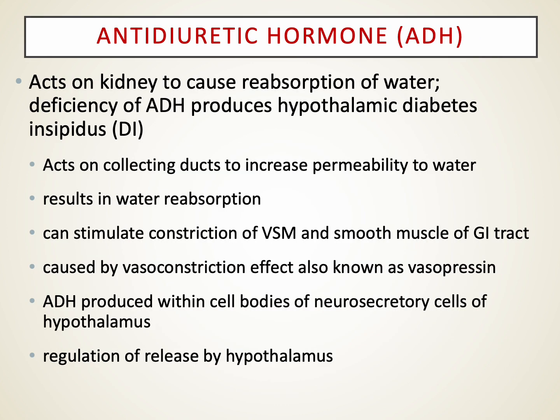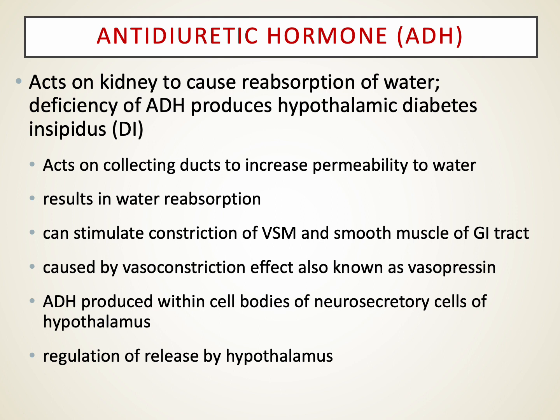So let's look now at antidiuretic hormone. Antidiuretic hormone acts on the kidney, affecting the reabsorption of water, and a deficiency of ADH produces hypothalamic diabetes insipidus. This affects the collecting ducts and their ability to be permeable to water, resulting in impacting water reabsorption.